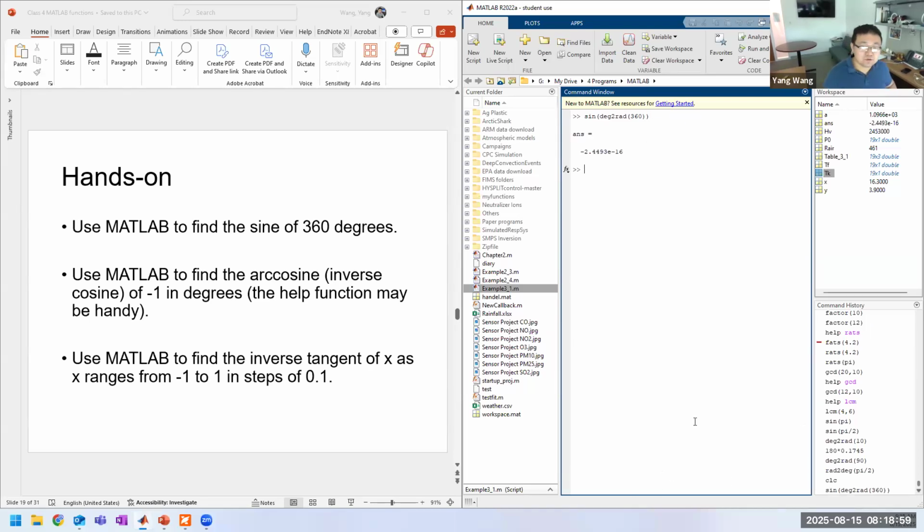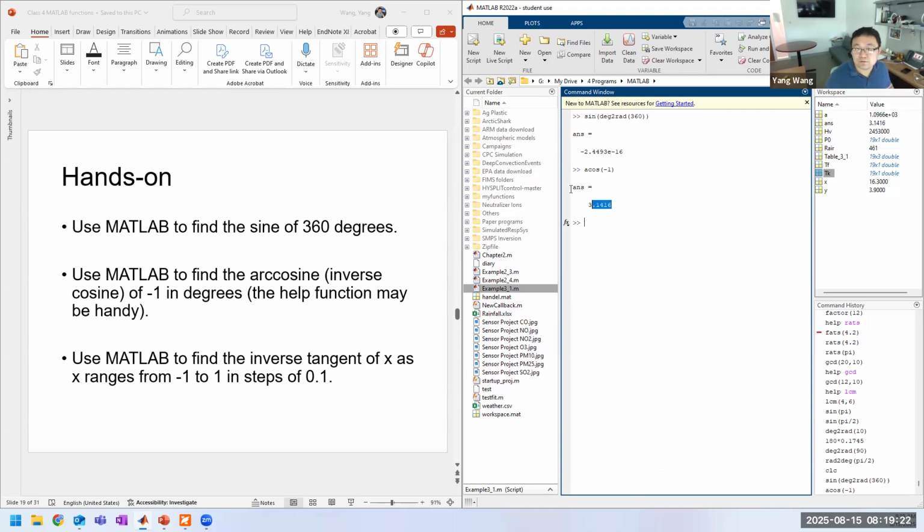Okay, so that is a very, very small value, because we know that sine of 2 pi should be 0, right? So use MATLAB to find the arc cosine, or the inverse cosine, of -1. You can just do acos of -1.